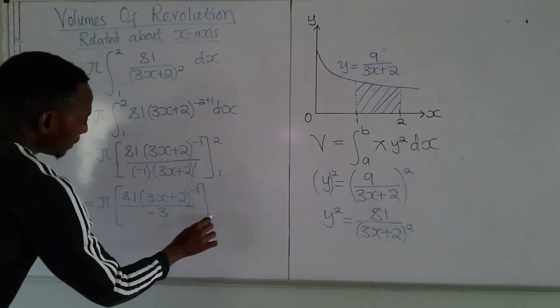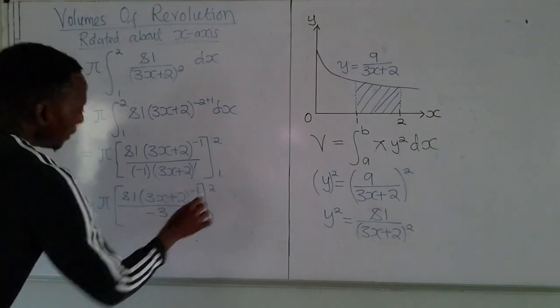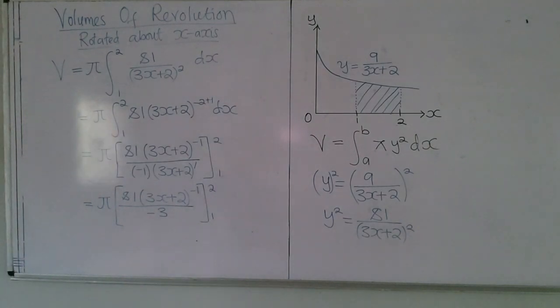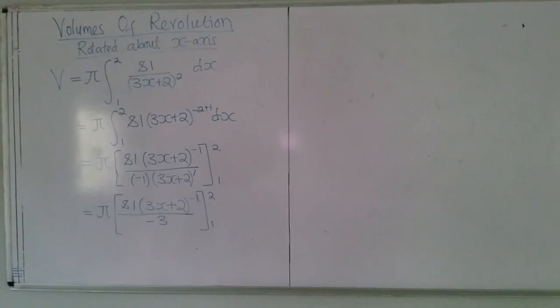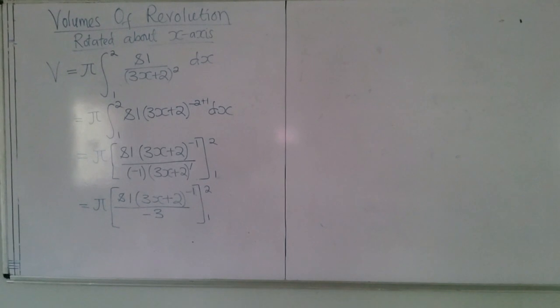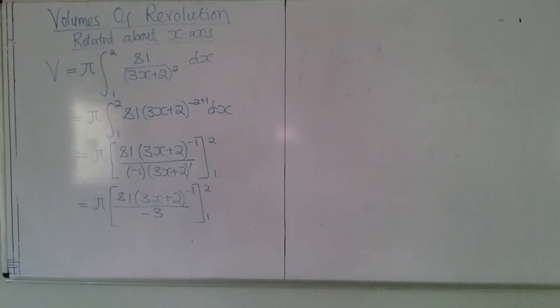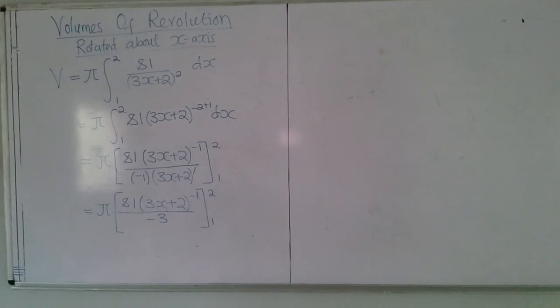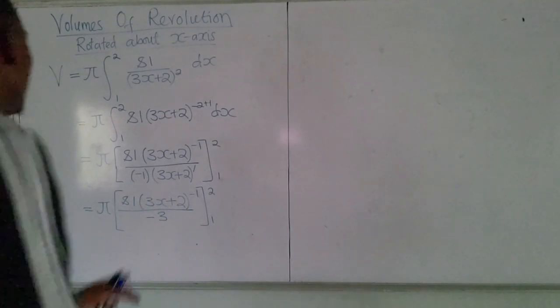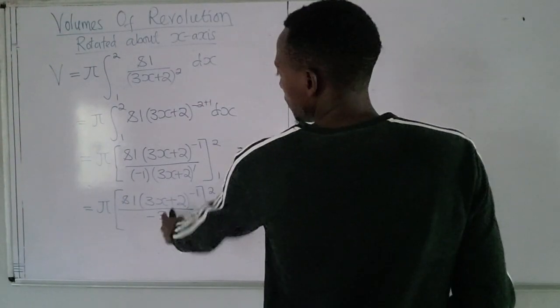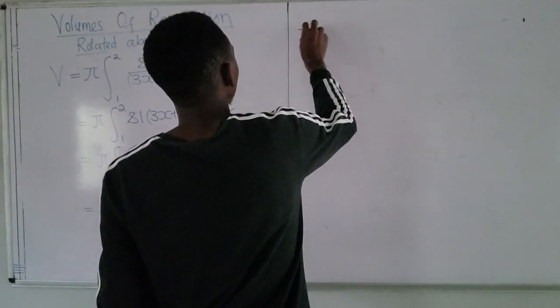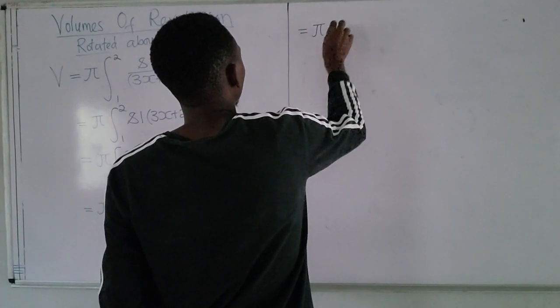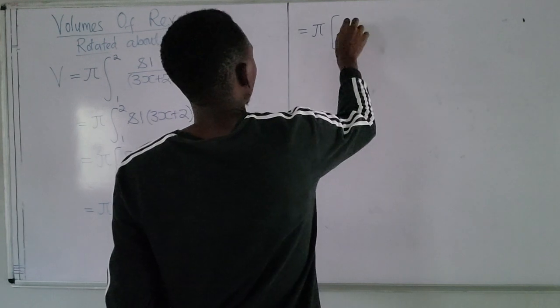We have not yet used the limits. Now, dividing 81 by negative 3, we get negative 27.